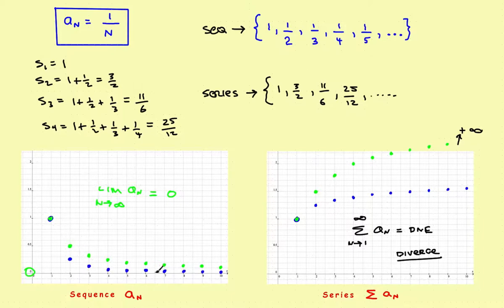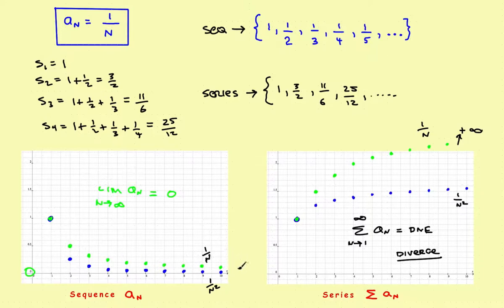The blue dots represent 1 over n squared, and the green dots represent 1 over n. Then on this one, the blue dots again represent 1 over n squared, and the green dots represent 1 over n. Now, the important thing to take away from this is that in both cases, the sequence is approaching 0.